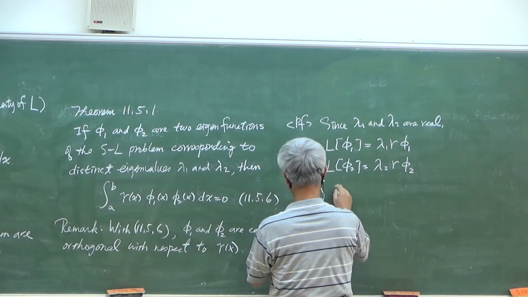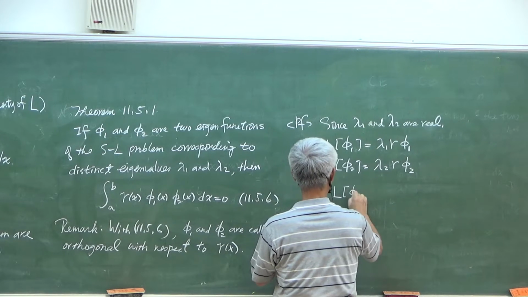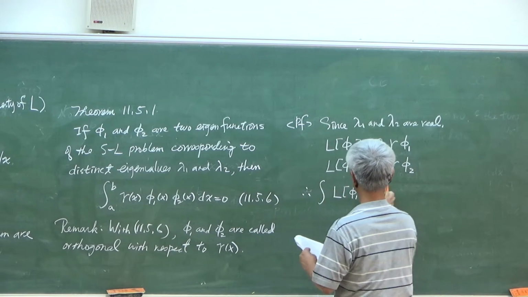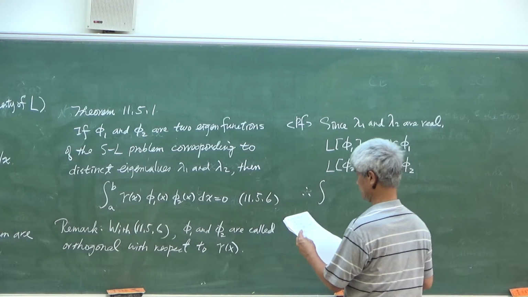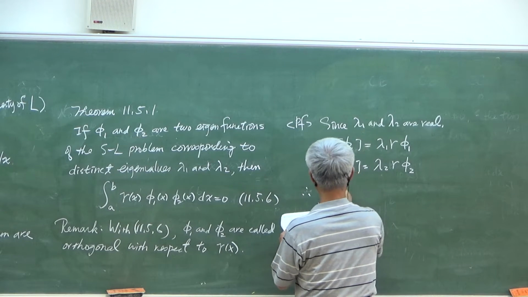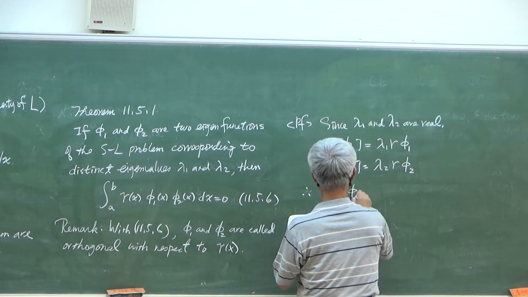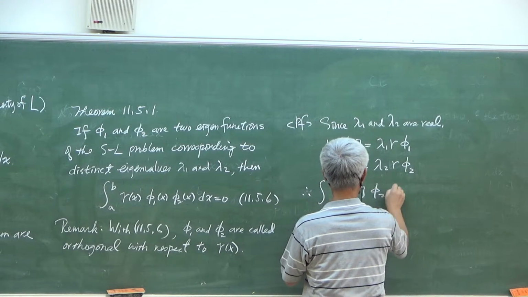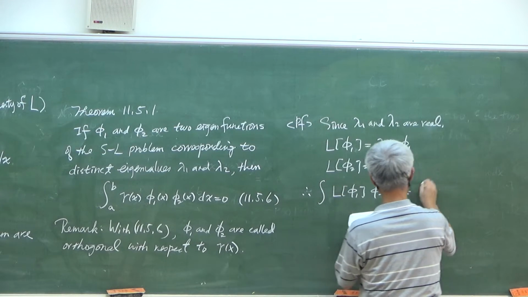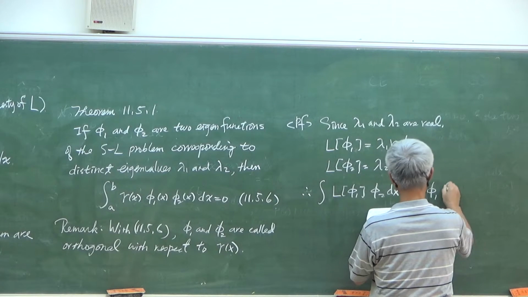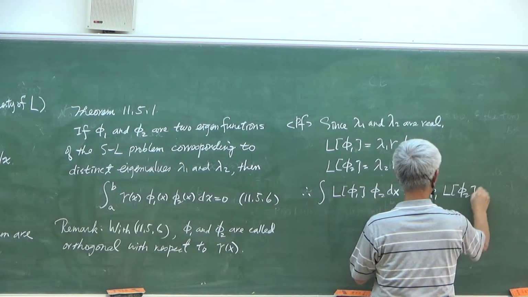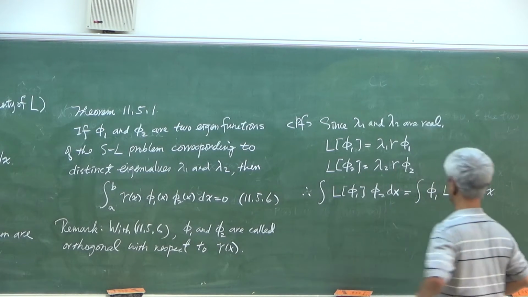So, L phi1. So now, the integral of L phi1 times phi2 dx is equal to the integral of phi1 times L phi2 dx. Okay?